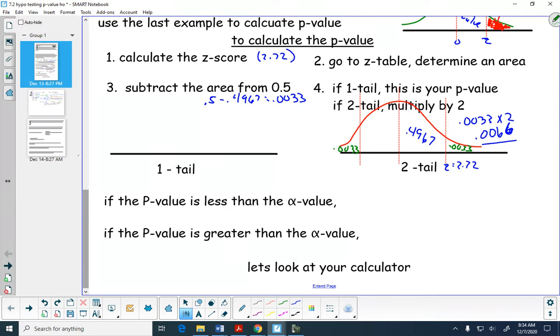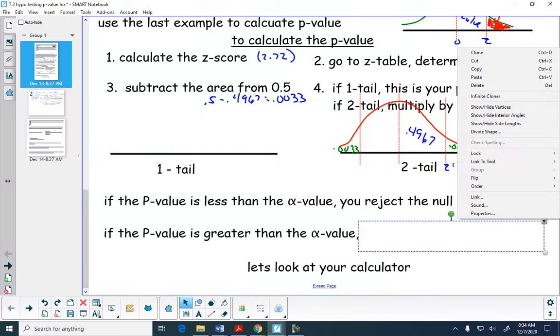If the p-value is less than the alpha value, you reject the null hypothesis.